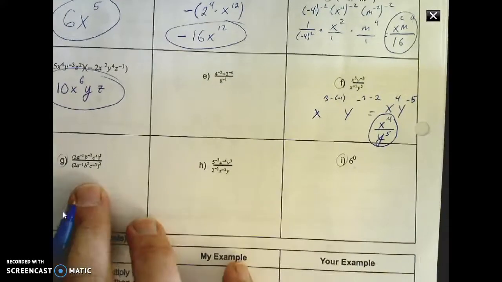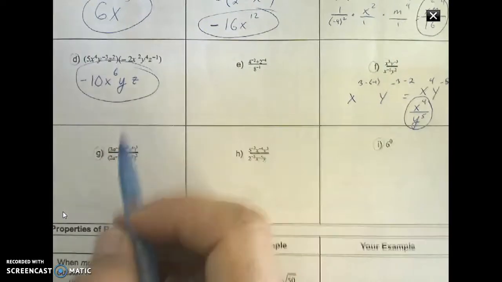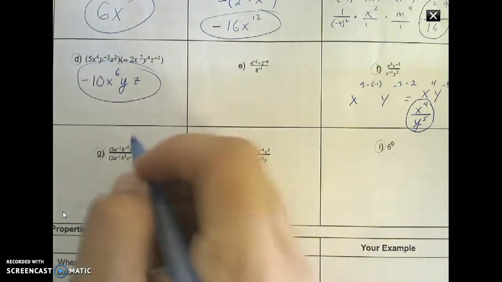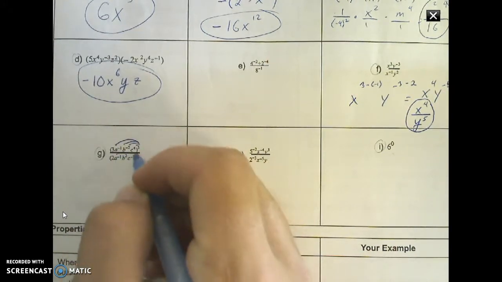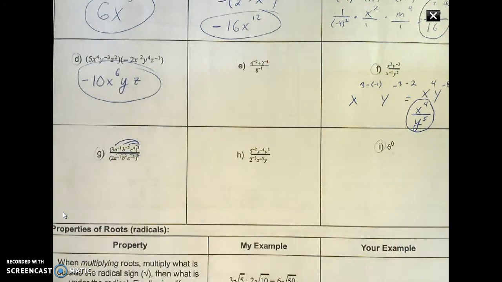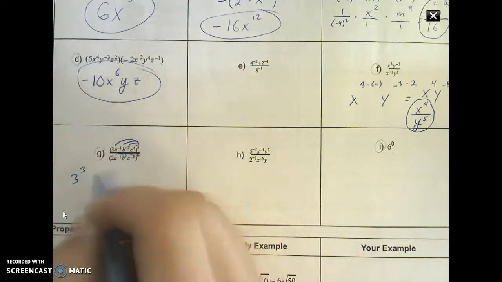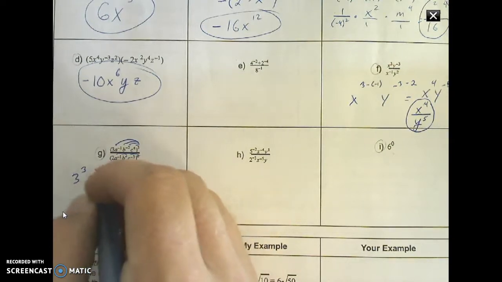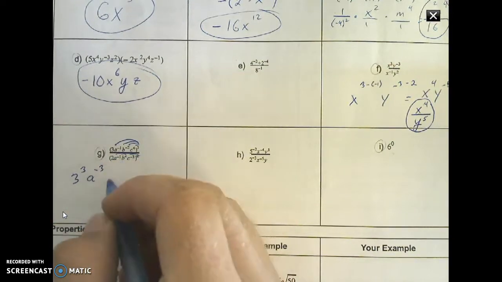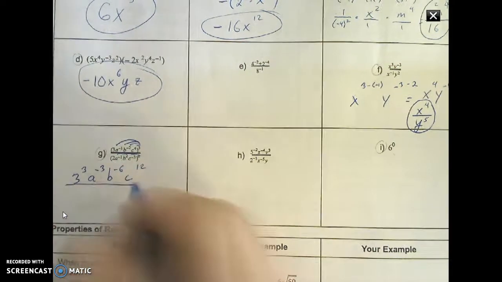Alright, we're going to do part G. So this 3, the exponent, all these problems here, the exponent goes to every single term. And so does the 2. Okay, so up top, I get 3 to the 3rd, negative 1 times 3, a power raised to a power, you multiply, a to the negative 3, b to the negative 6, c to the 12, up top.